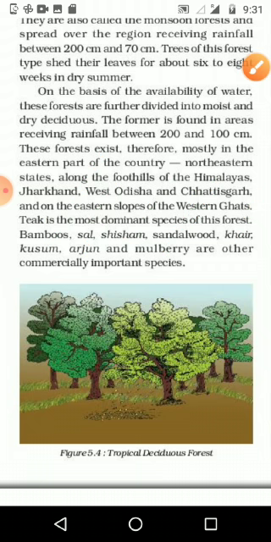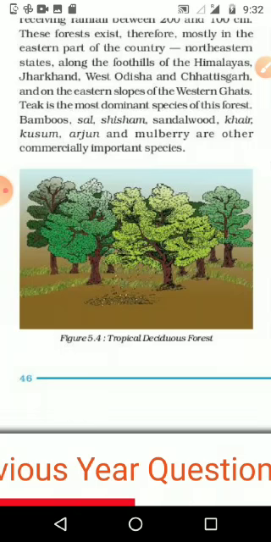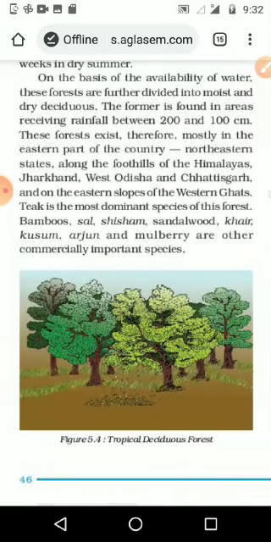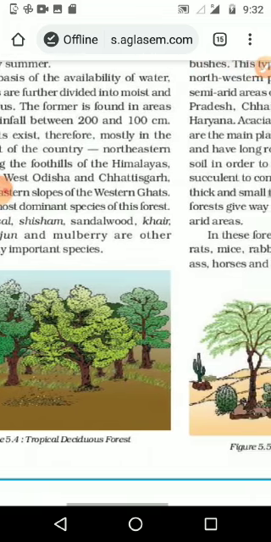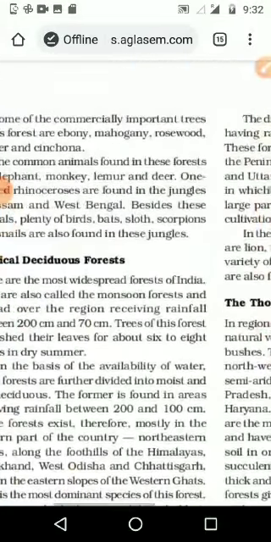So teak is the most dominant species, and it is also commercially important, and some other species which are important commercially that we can see in that area are bamboo, sal, shisham, sandalwood, kusum, arjun, then mulberry, etc. The height of the trees is also not like in the evergreen forest.